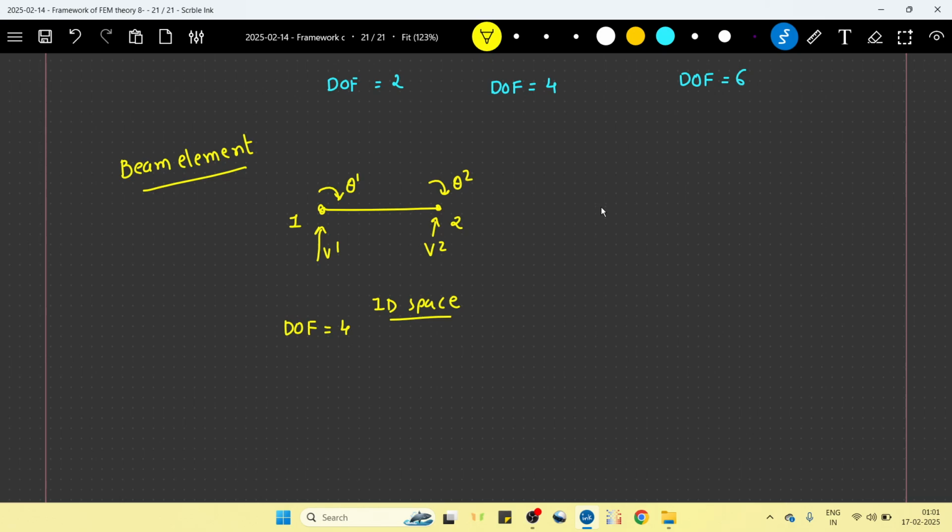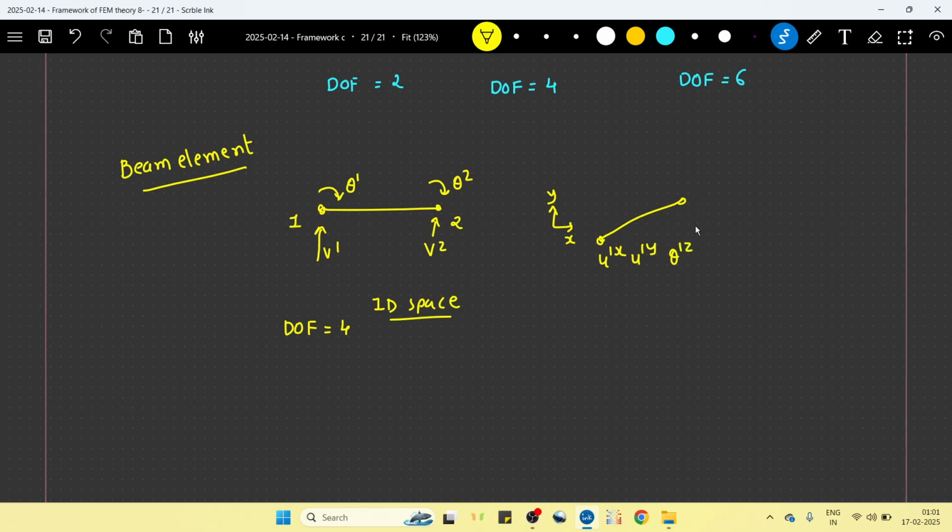If this same beam element is in 2D space in xy, then the degrees of freedom will be u1x, u1y and theta 1z, rotation about the out of plane axis.